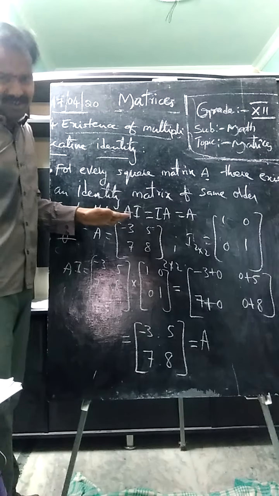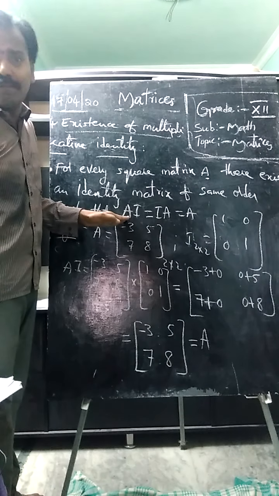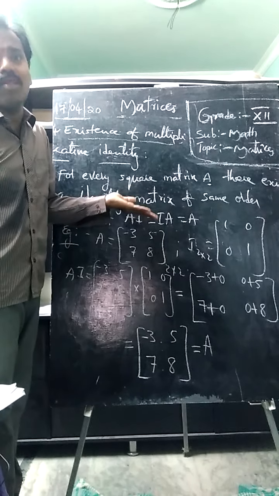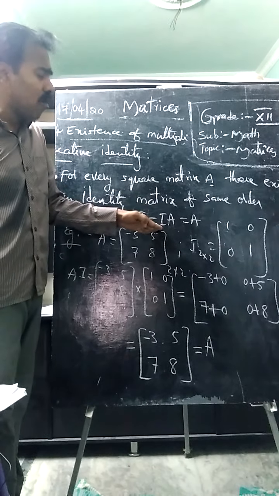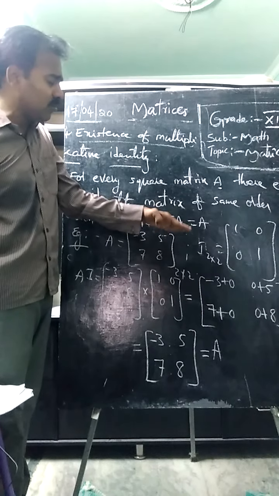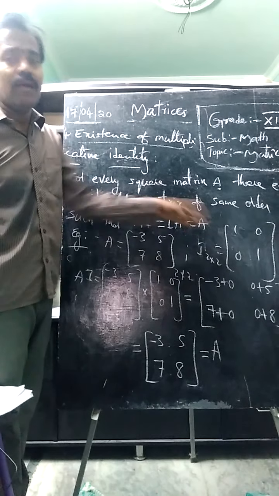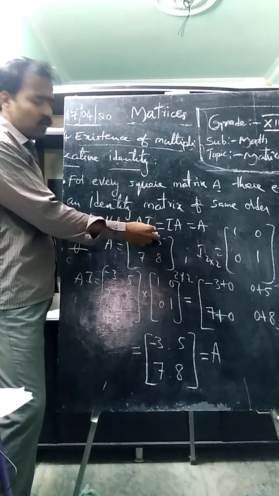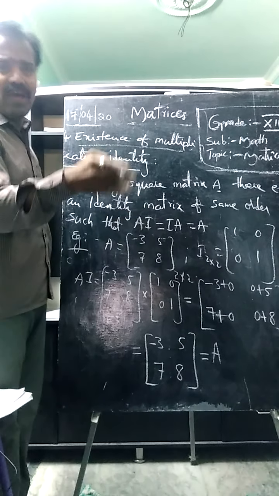So when you consider A as a rectangular matrix, students, IA may not be possible as A. That is why AI equals IA equals A. When we multiply two matrices, one being the identity matrix, it should be a square matrix.